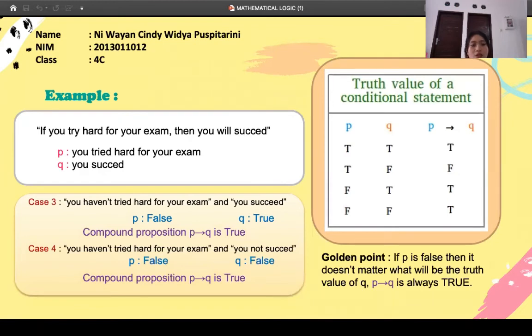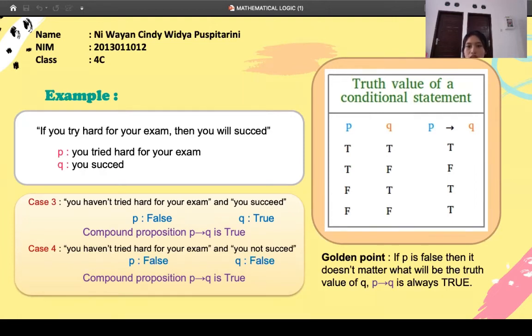Next case, case number 3. You haven't tried hard for your exam and you succeed. From the sentence, we know that P is false because there is the word haven't. And Q is true, you succeed.